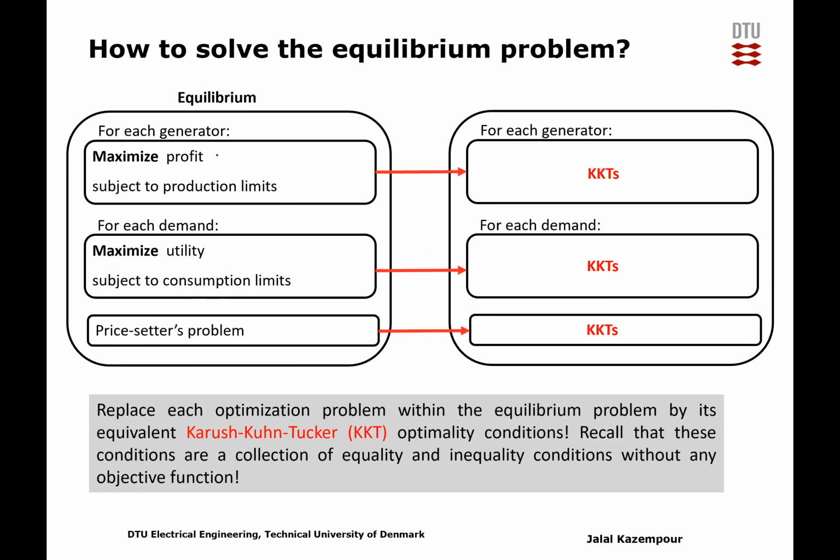So we replace each optimization problem with its KKTs, and now we have a system of equations. There is no objective function here. It's just a combination of KKTs coming from different optimization problems, right?